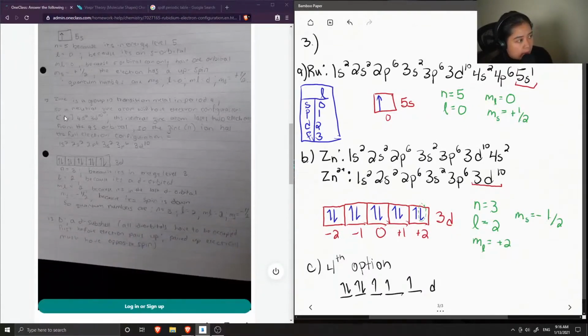Yep. And zinc is in group 12, a transition metal in period 4. So a neutral zinc atom will have the electron configuration. So this is the short form, which is good as well. Argon 4s2 3d10. The neutral zinc atom loses 2 electrons from the 4s orbital, so the zinc 2+ ion has the full electron configuration of the following.